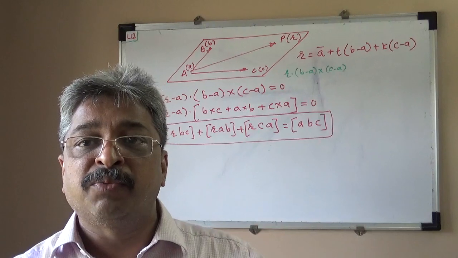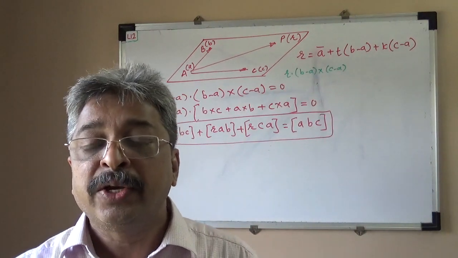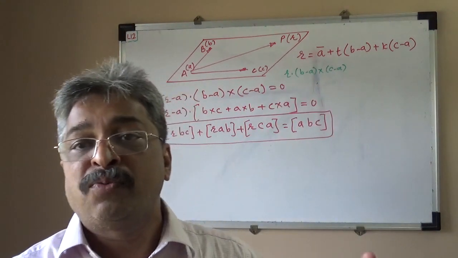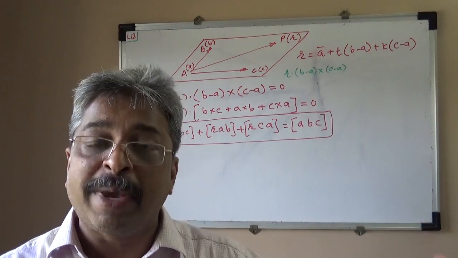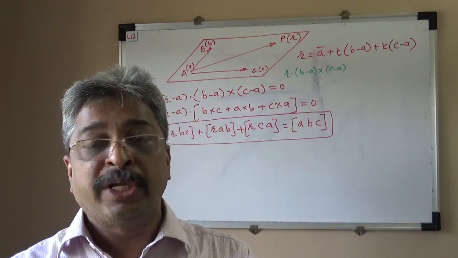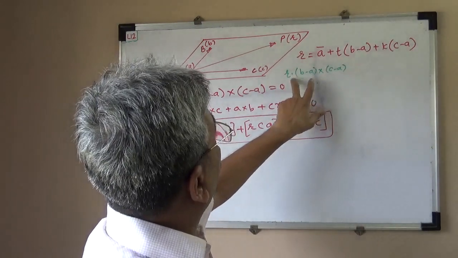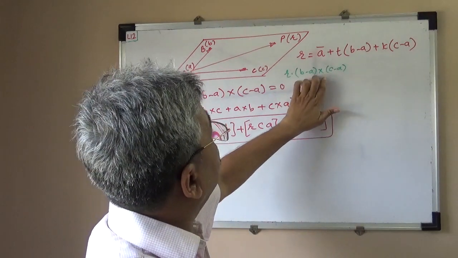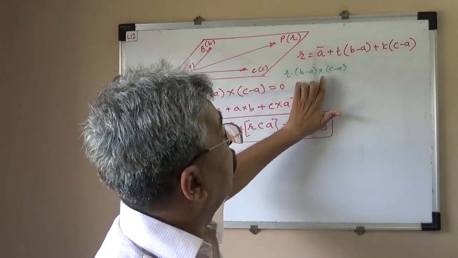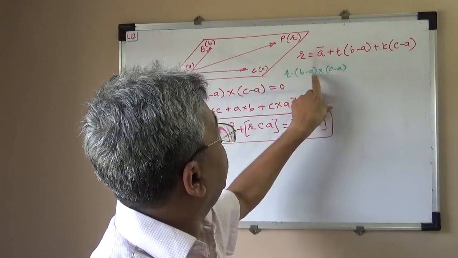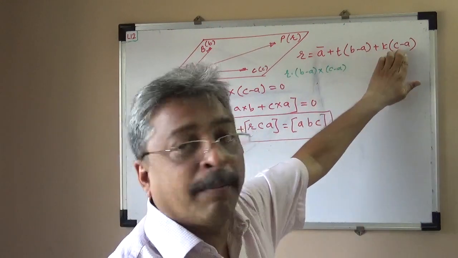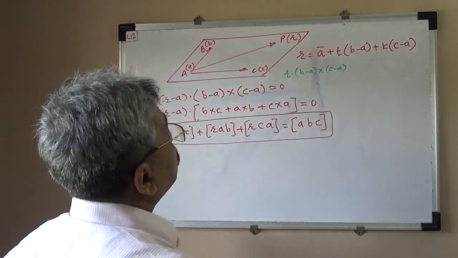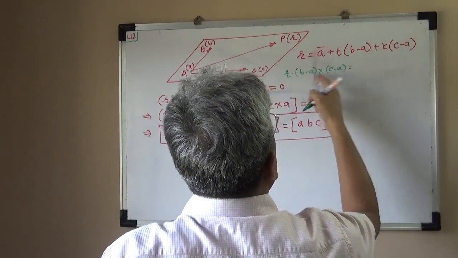Taking dot product with some vector, taking cross product with some vector, if it reduces the entire expression because of perpendicularity or parallelism of those 2 vectors, we should think of that. Why the dot product with B minus A cross C minus A is taken here is because in the RHS the B minus A cross C minus A will make both these terms 0 and only one term will survive. That is why we have taken the dot product with this.